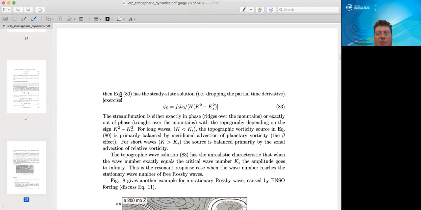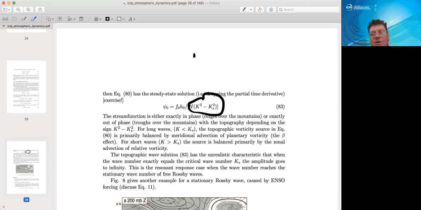So there is a problem, of course. The problem occurs when our wave number is exactly the stationary wave number, then this term vanishes. If k squared is equal to ks squared, our amplitude becomes infinite.